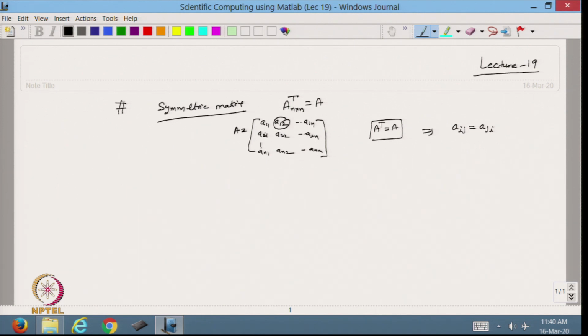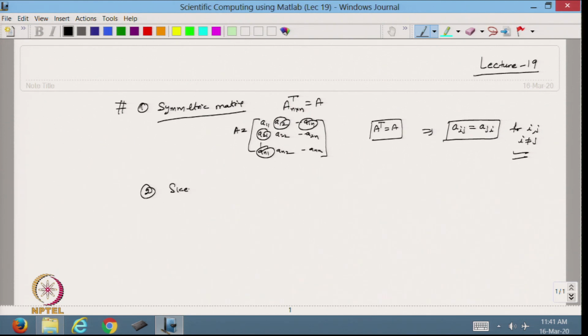So this element and this element should be the same. This is true for all i, j such that i is not equal to j, because except for the diagonal elements all the elements should match. So then it is called the symmetric matrix.